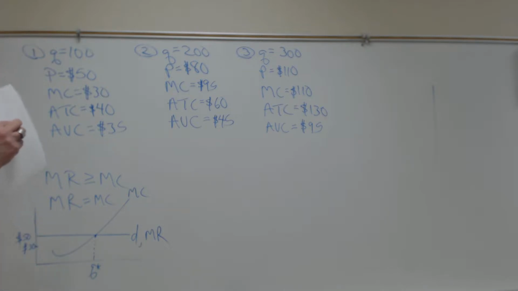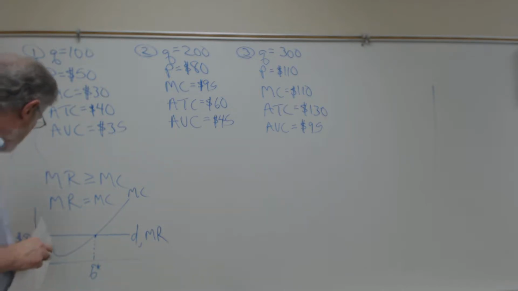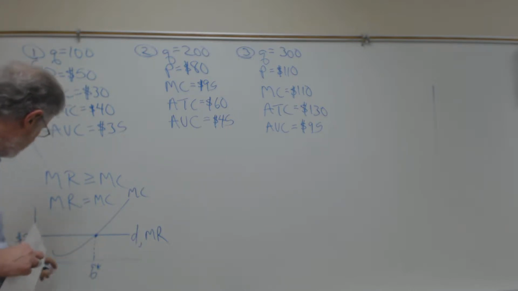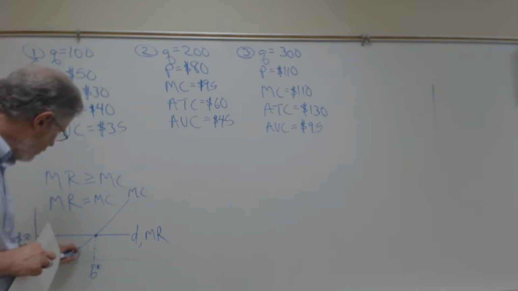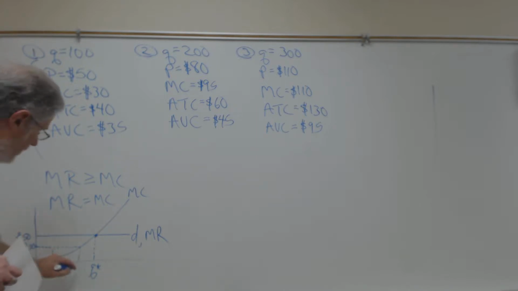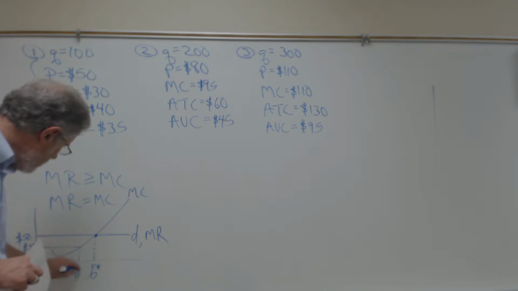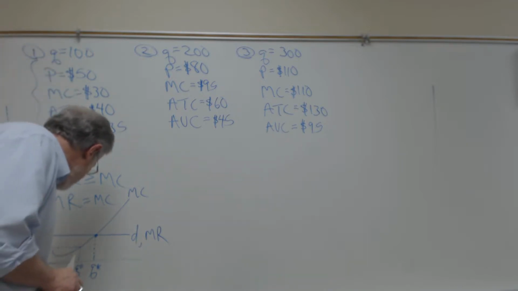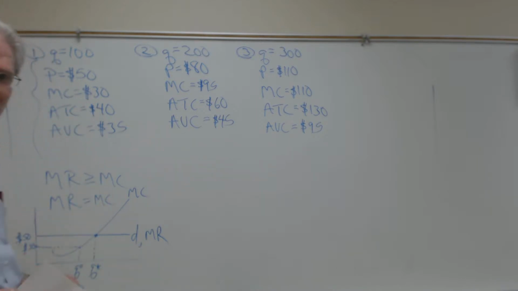The information that has been given to us is telling us that marginal revenue would be 50 here. Marginal cost at the current level of output is 30. So that indicates that the firm's initial level of output, which is 100, is that where it should be?